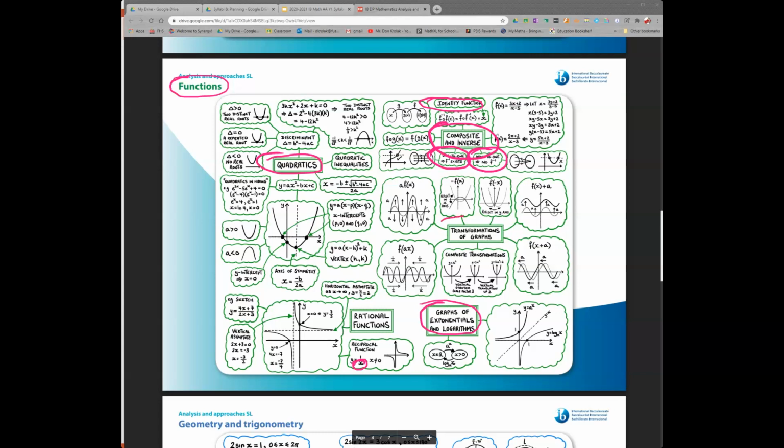And then we finally look at taking these functions and transforming them. Now, transforming just means taking a function and sliding it up and down, flipping it right and left, flipping it up and down, or stretching it sideways or stretching it vertically. So that's where we're headed. That's our sort of roadmap through the topic of functions.